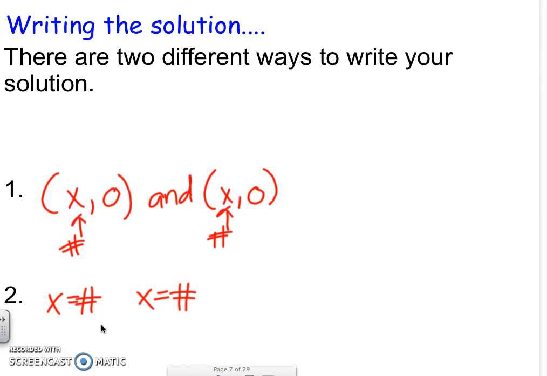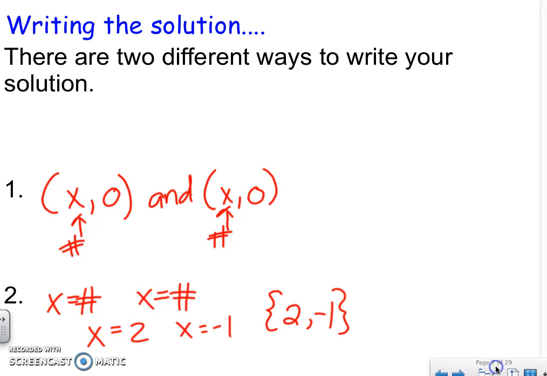Okay? So for example, let's say you said x equals 2 and x equals -1. So what you can do is you can write a little squiggly bracket with a 2 and a -1 in squiggly brackets. Okay? So not like an ordered pair, but with squiggly brackets. So those are the two ways that you can choose to write your answers.